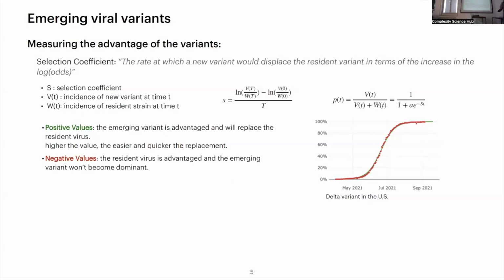And this is the case that we are looking for, because we want to know what happens when a new variant emerges in the first few weeks: whether the new variant is able to become dominant, and what is the speed of it becoming dominant.